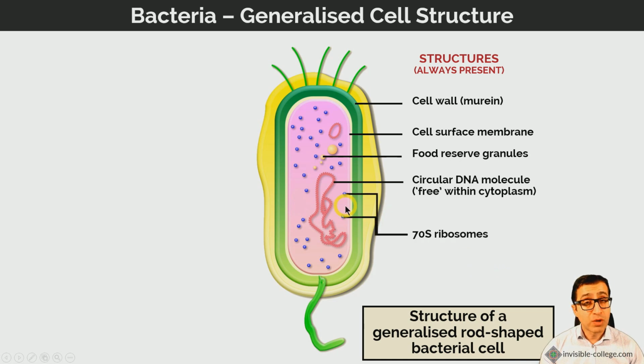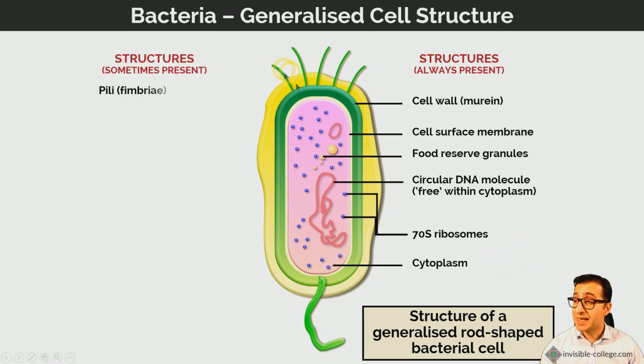You also have these smaller ribosomes. Again, these are 70S ribosomes. And of course you have the cytoplasm. Now, structures which are present in some bacteria are these pili or fimbriae. These are used by the bacterium to attach itself to surfaces.